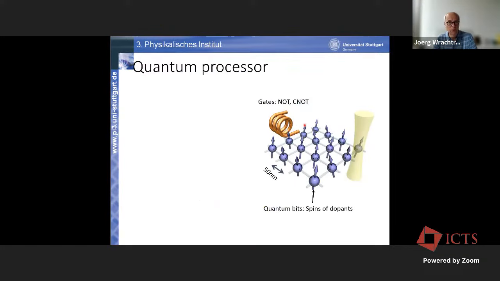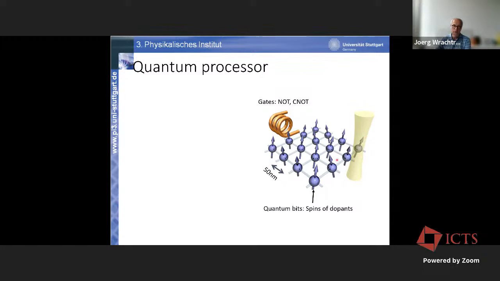All right. So the way we envision our quantum processing unit or quantum register is as follows. We take the electron spin of the dopant as quantum bits or a quantum bus. We generate arrays of closely spaced electron spins in a solid. We use microwaves as our spin control for making gates, and we use local readouts to measure individual bits.